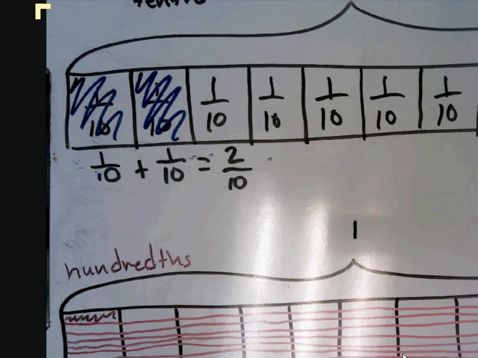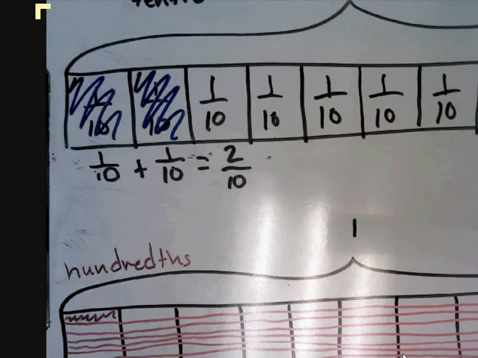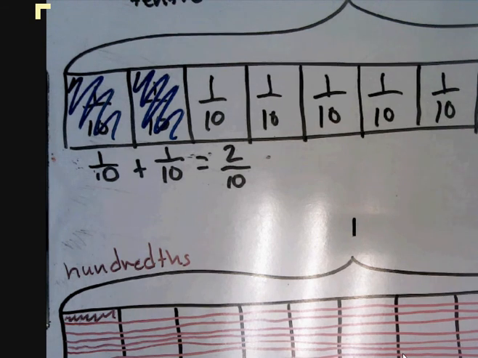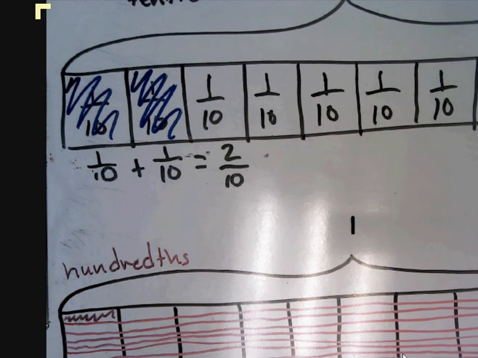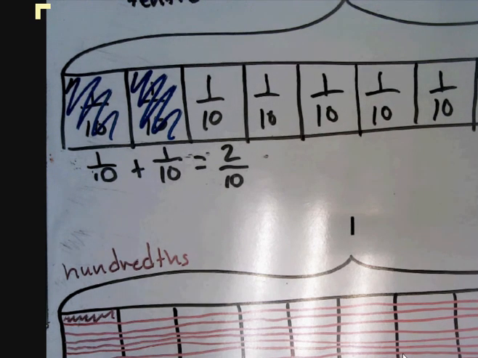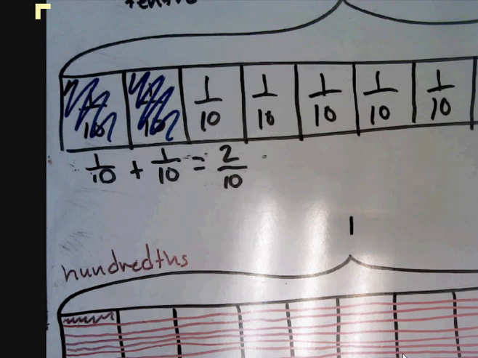Remember, I'm counting my units. These are my units. The denominator just shows the units. 70 hundredths, 80 hundredths, 90 hundredths, 100 hundredths. We reach the end because we have 100 of those pieces.